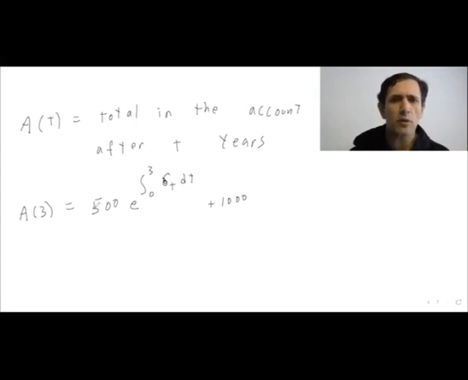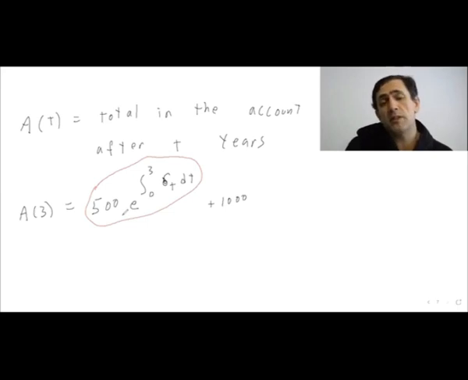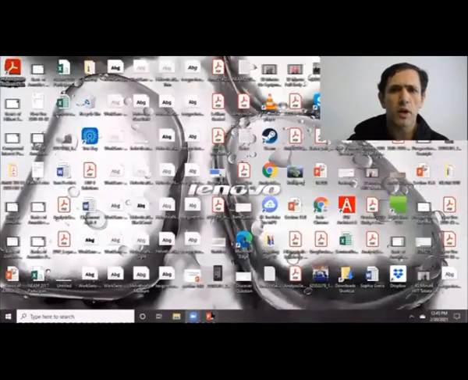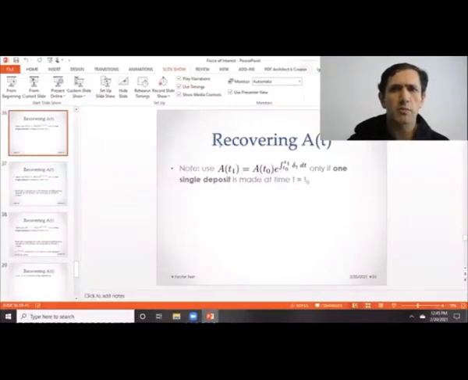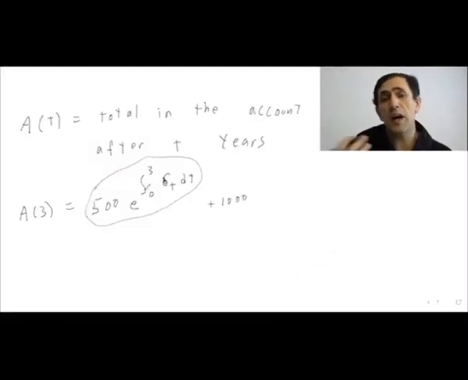Here we're using our basic formula just to see what $500 grew to, and we're employing common sense, adding $1,000 to see how much is in the account immediately after the 1,000 deposit.